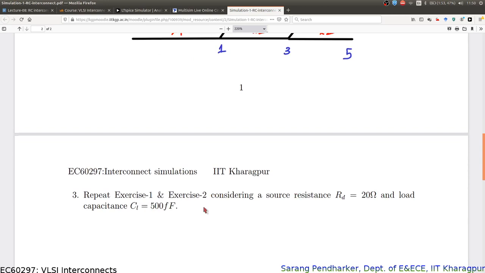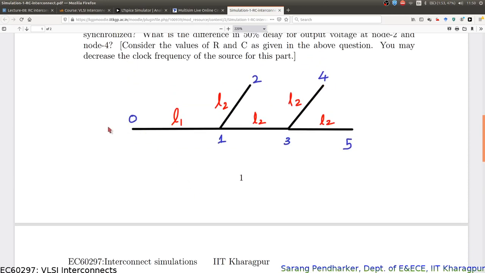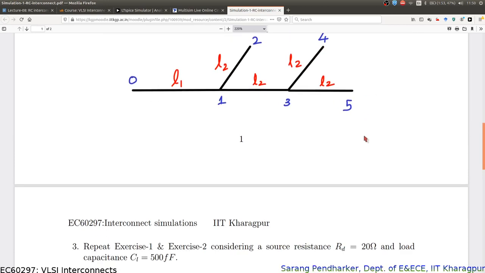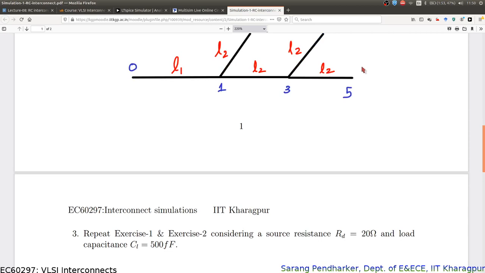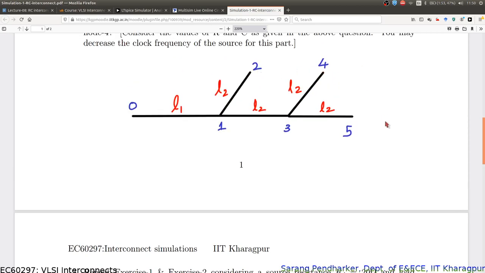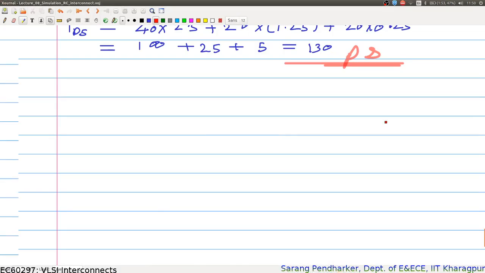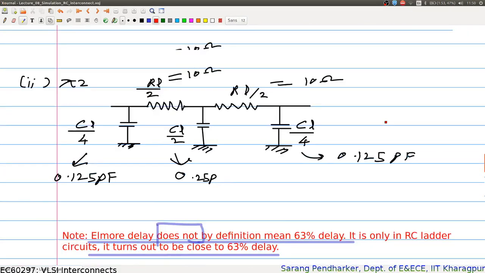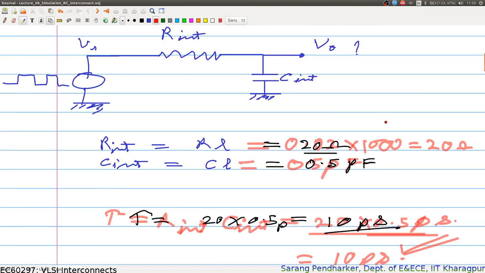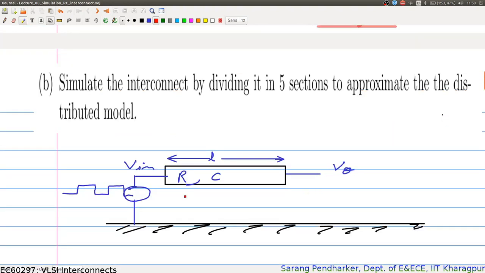So in all these circuits, you have to create another resistor RD and a load capacitance CL in all these nodes. And even when you are simulating it for a single interconnect, you have to consider a load capacitance here and driver resistance here, and then again repeat the entire exercise.